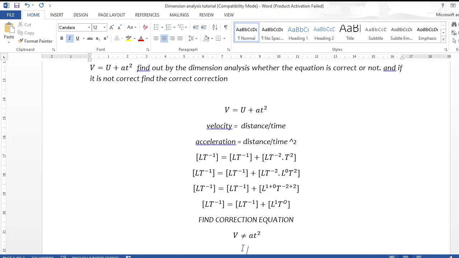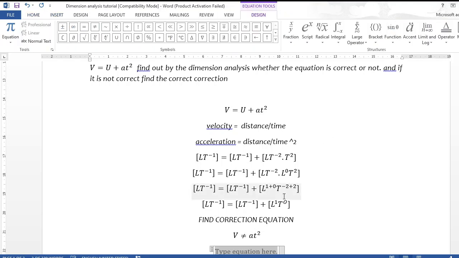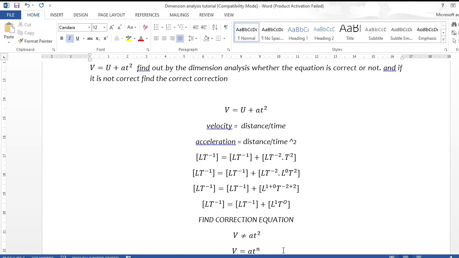To find the part which is missing, we write the equation of V, but we substitute where there is the squared power, because the power is what is giving us problems. In A T to the power, we substitute the power with an unknown, which we have to find. So I've just taken the unknown as n. That's what we want to find.